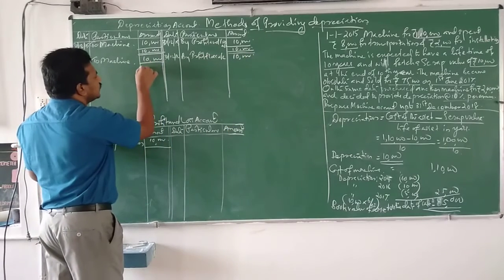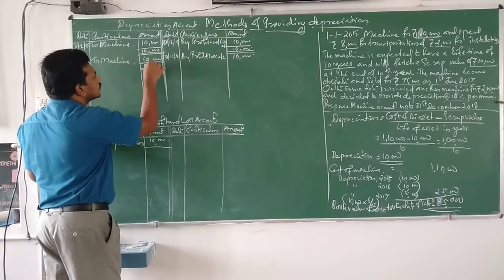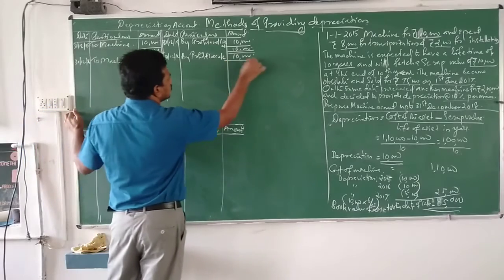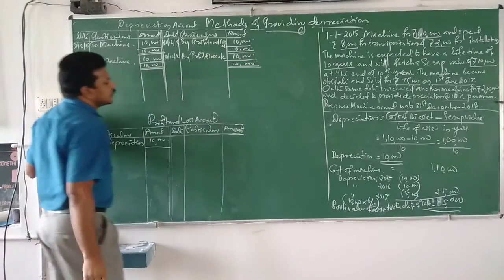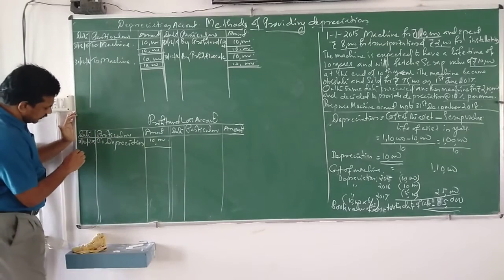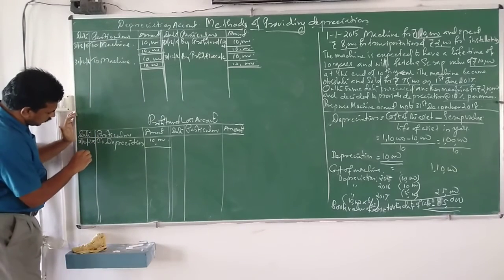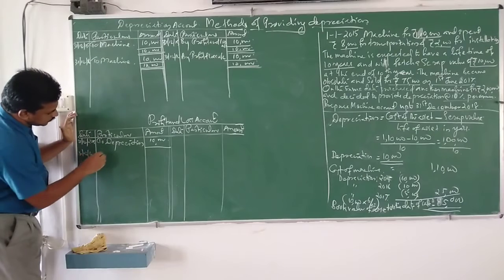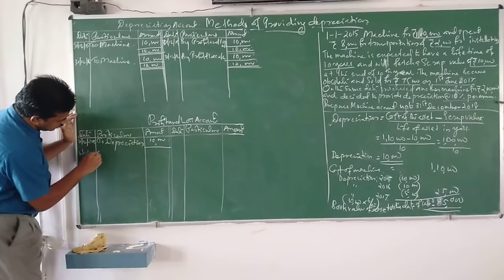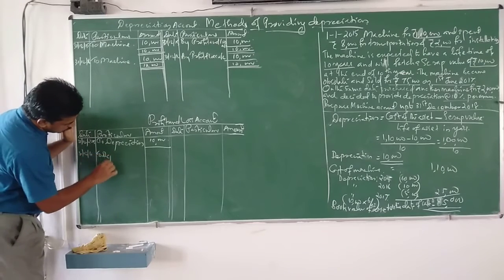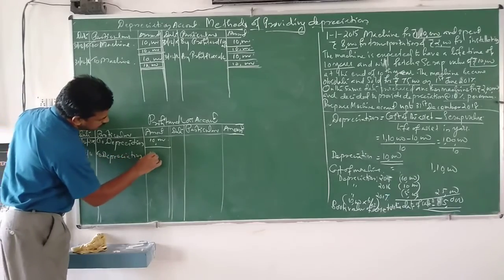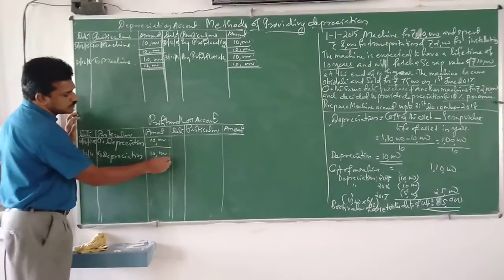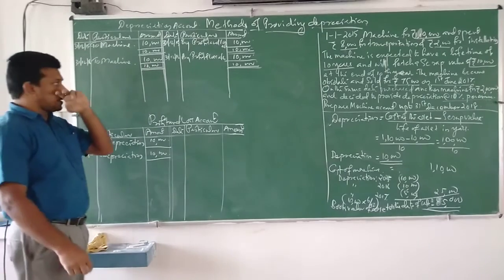That also will be closed. Then that entry we need to write here, 31/12/2016 to depreciation 10,000. That also can be closed.